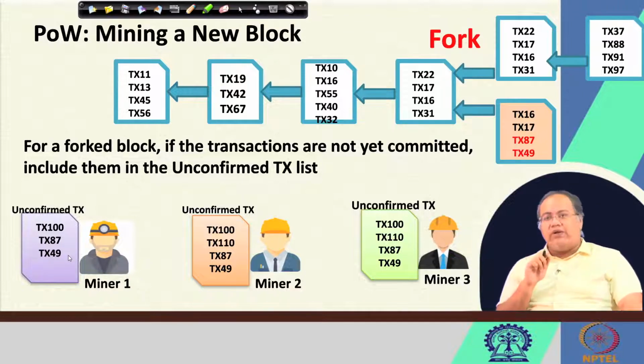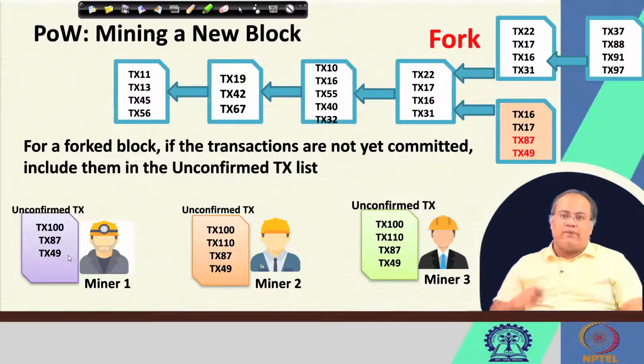So, if a transaction is part of the fork block and has not been committed as part of the main chain, then those transactions are taken up under the unconfirmed transaction list and eventually incorporated in a future block of the blockchain.